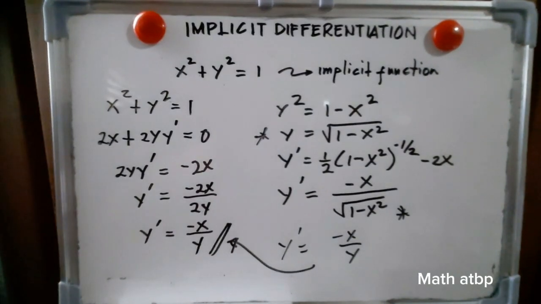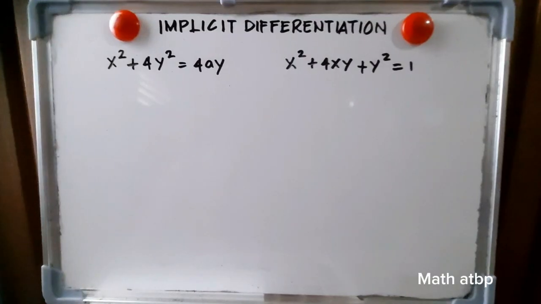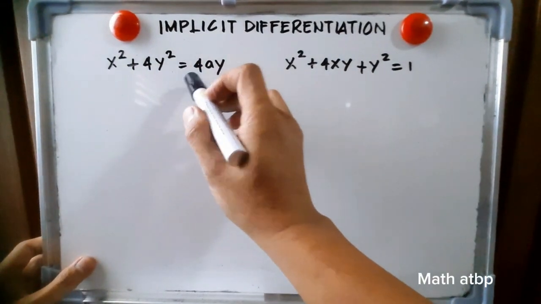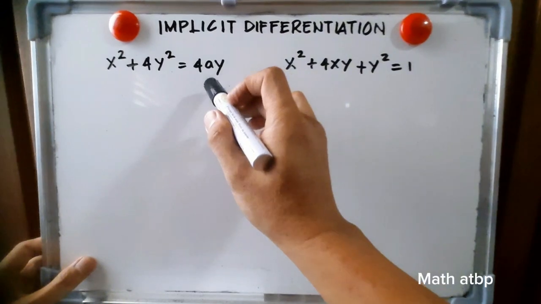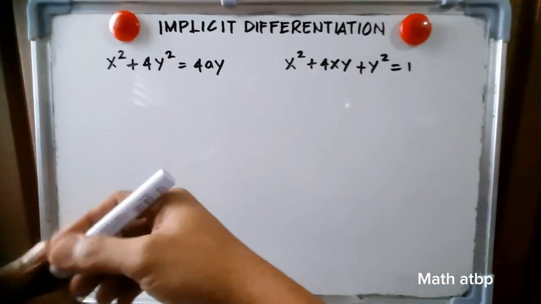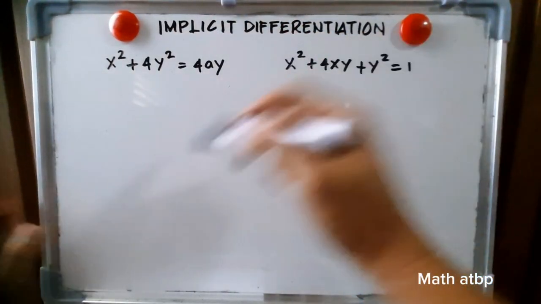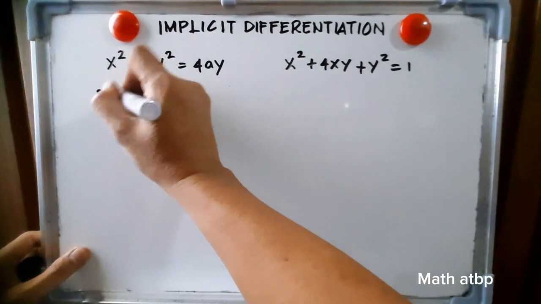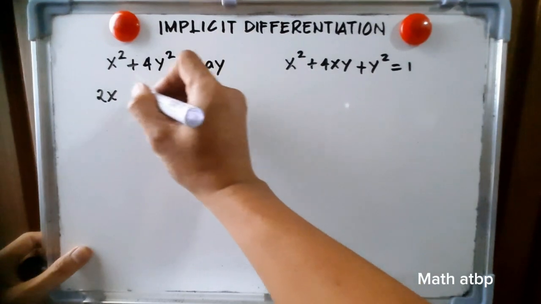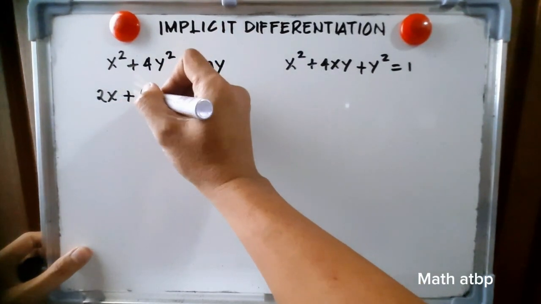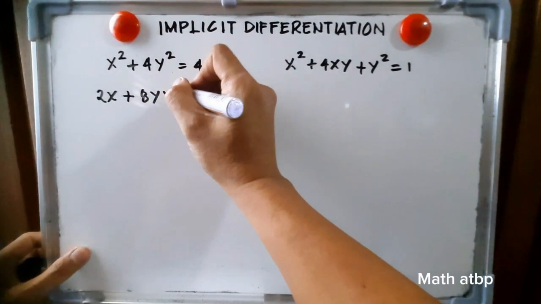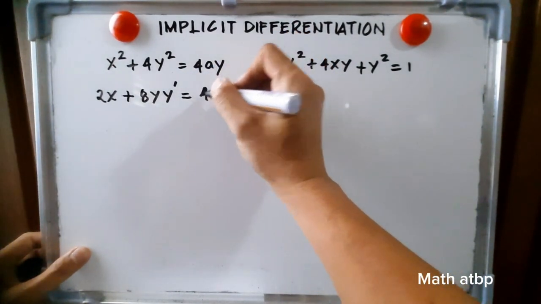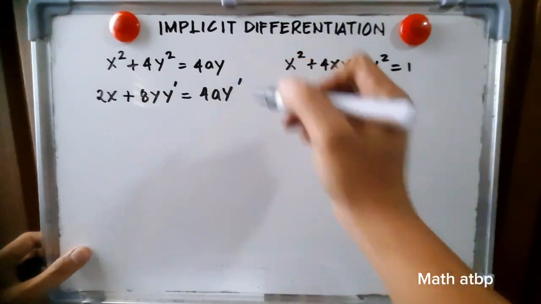Okay? Thank you. For the next example, we have here x squared plus 4y squared is equal to 4ay. This is an implicit function. Let us differentiate using implicit differentiation. The derivative of x squared is 2x, but the derivative of 4y squared is 8y y prime, and the derivative of 4ay is 4a y prime.